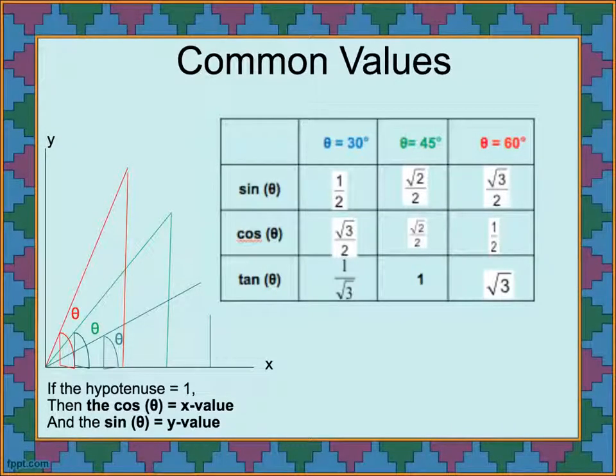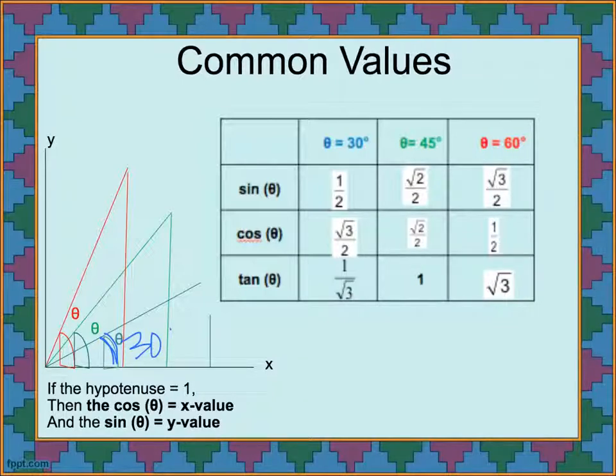So there's a couple common values that you're going to find while we are working with these types of problems. You don't need to memorize these right now. As we work through Unit 1, I will be teaching you how we find each and every one of these values. But basically, it's by setting up triangles. So like the first triangle down here, this would be when it's a 30 degree.